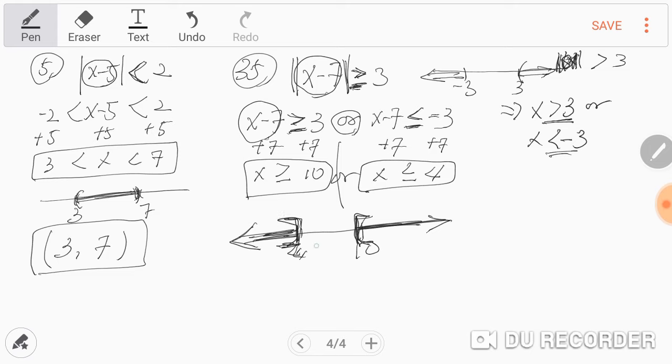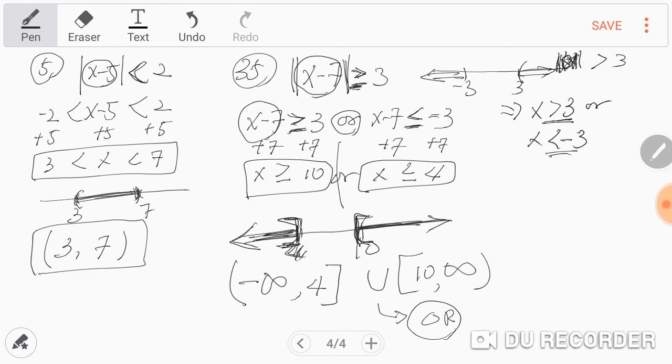For interval notation, negative infinity to 4. 4 is a bracket because there's an equal sign, so 4 is included. For the or, we can use the union symbol, and from 10, which is included, all the way to the right, infinity. So this union symbol means or.